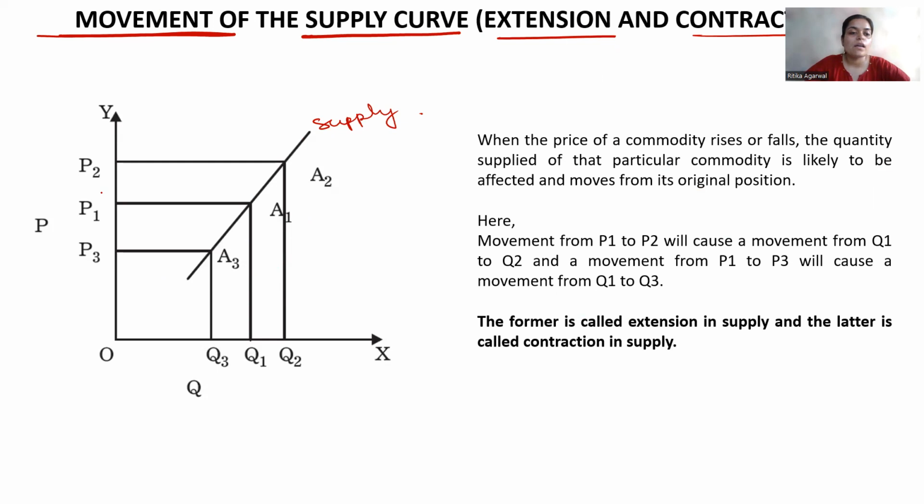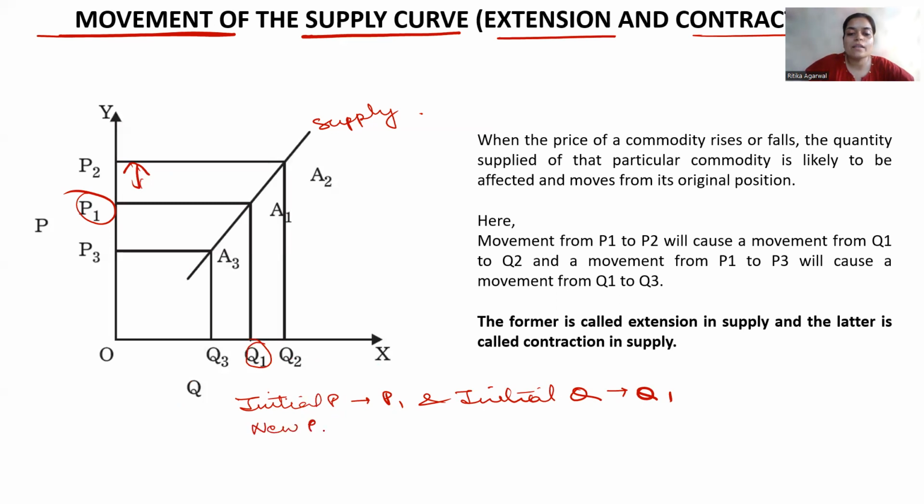We have 3 points. Now, suppose your initial price is P1 and your initial quantity is Q1. Now, suppose the price increases from P1 to P2.